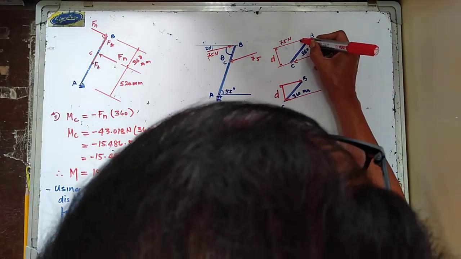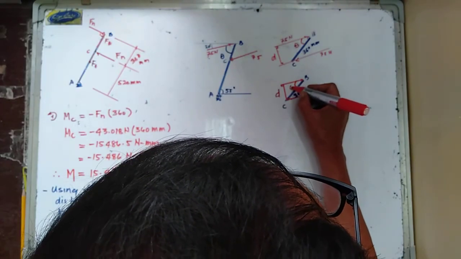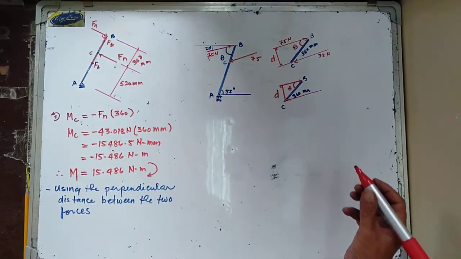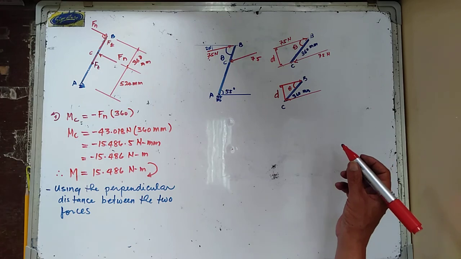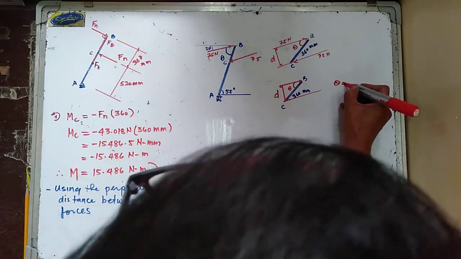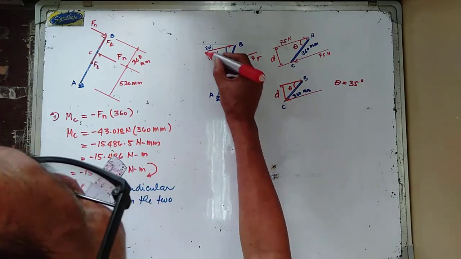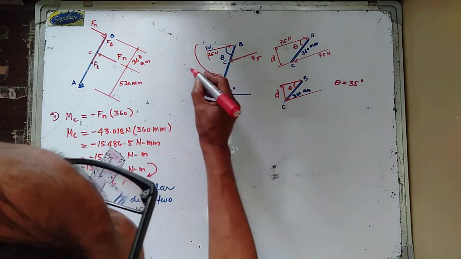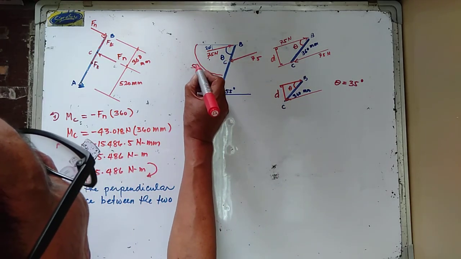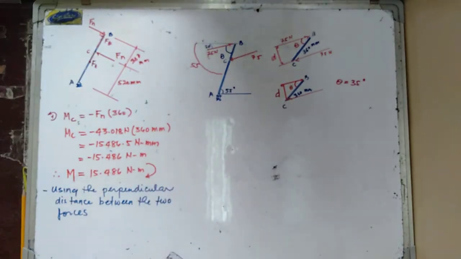So this angle in here is equal to theta, and this is now equal to theta. As previously computed before, your theta is now equal to 35 degrees. So this is 55, hence this one in here is 55. Again, 55 minus 20 is 35 degrees.